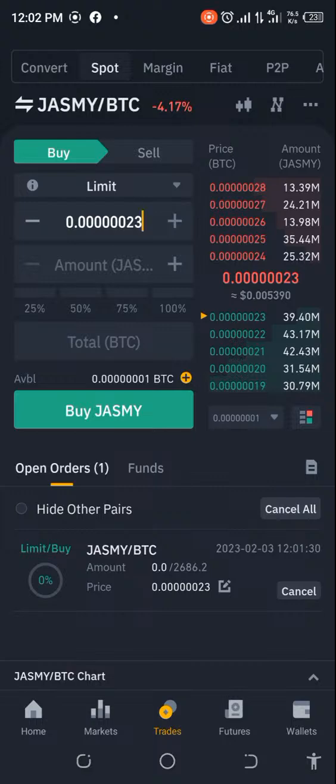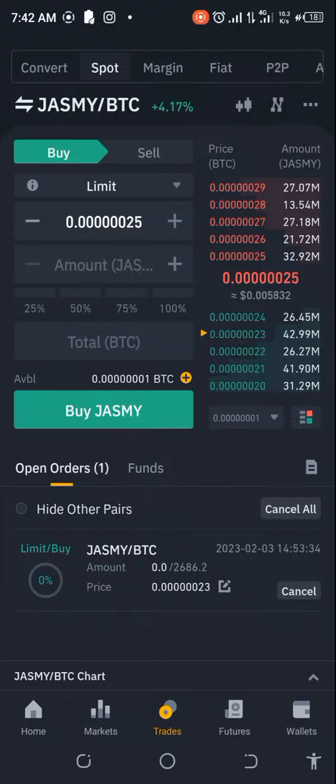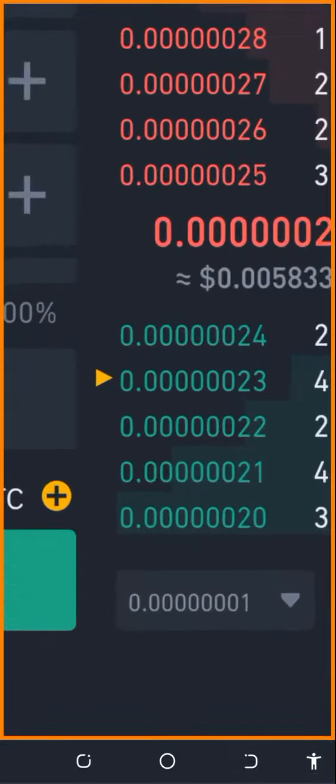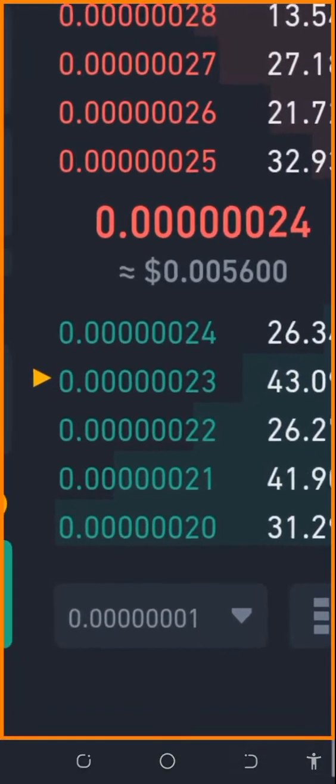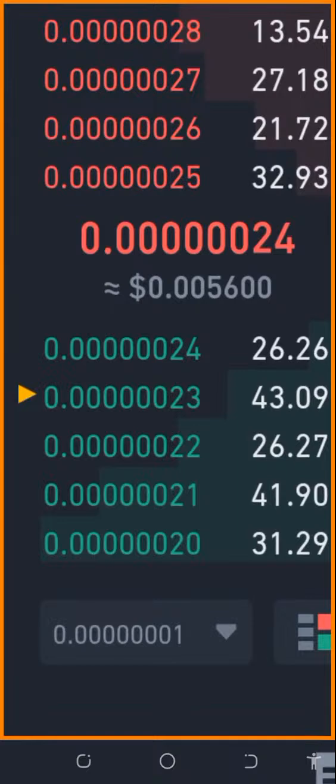See you soon. Okay, so I'm back. Now we've waited long hours and we're seeing that we've not been able to buy Jasmine with BTC. I guess the price has updated, as you can see here, the arrow is on 0.0023, and the market price that it has been on for a while is 0.000024.